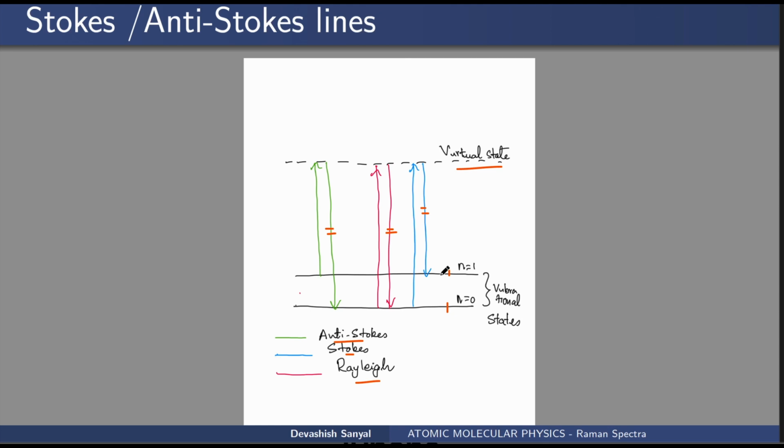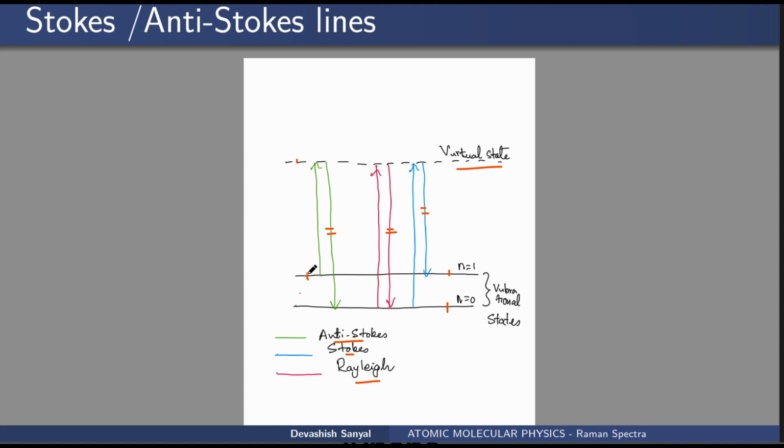So most of the molecules will be in the ground state, and that is why the Stokes line will have a greater intensity compared to the anti-Stokes line, because for anti-Stokes, the transition takes place from a higher vibrational state to the virtual state.